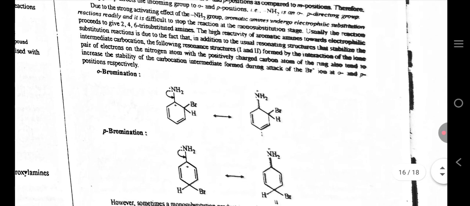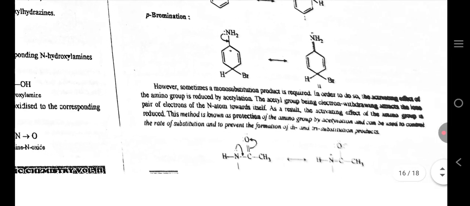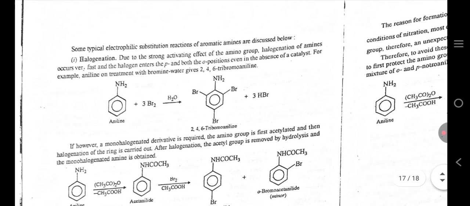Due to the strong activating effect of the NH2 group, aromatic amines undergo electrophilic substitution reactions readily, and it is difficult to stop the reaction at the mono substitution stage. Some typical electrophilic substitution reactions of aromatic amines are discussed below.